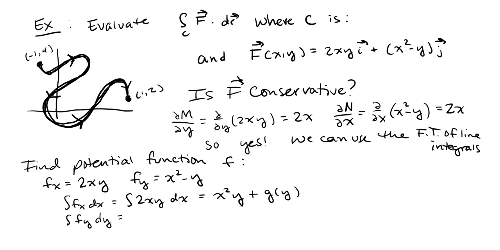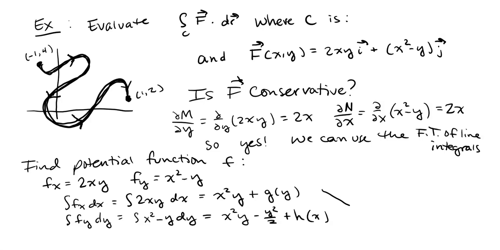So the integral of f sub y dy is going to be the integral of x squared minus y dy, which x squared dy is going to become x squared y, and then minus y will become minus y squared over 2. And then we've got plus some constant function of x.